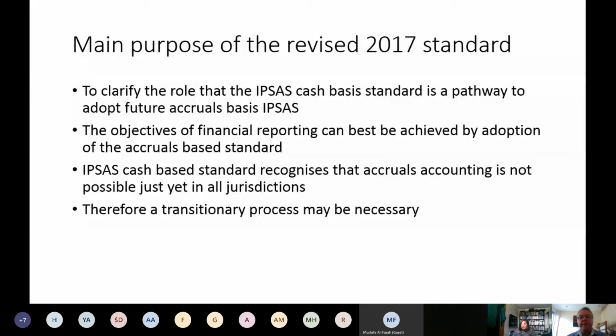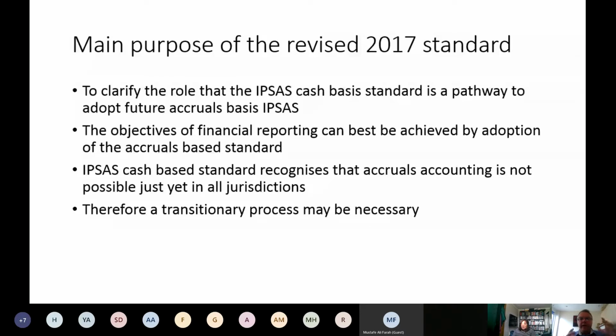So the question is then, it started in 2003, updated 2006, updated 2007, and the big update was 2017. So the question is, why? What was the main purpose of the updated standard? Why was it produced? Why was it updated? Well, we can see here, look, to clarify the role, and this is really, really important, everybody, to clarify the role that the IPSAS standard for cash is a pathway to adopt future accruals.